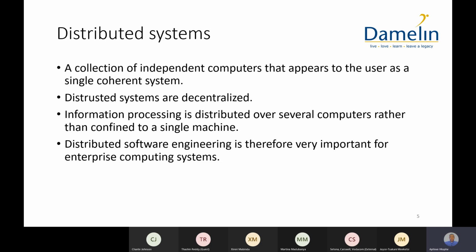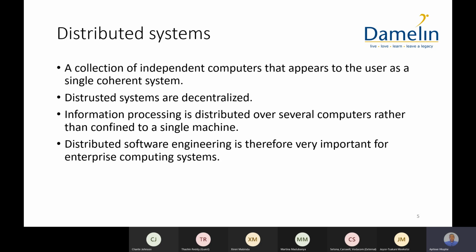So as much as we say distributed systems are decentralized, in actual fact, they still operate in a very centralized manner. The term decentralized normally also is associated with the fact that there's multiple sites of processing, and in the next slide, I'll show you what I mean by that.